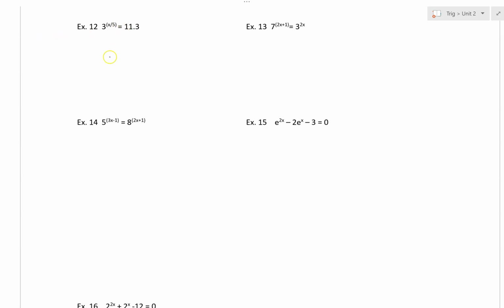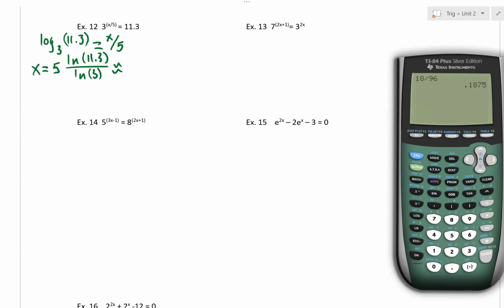This is going to be log base 3 of 11.3 is equal to x over 5. Multiply both sides by 5, so this is going to say x is equal to 5. And I'm going to rewrite this thing, natural log of 11.3 over the natural log of 3, so that I can get an answer.